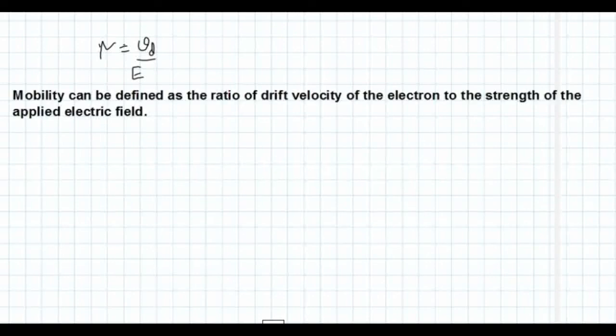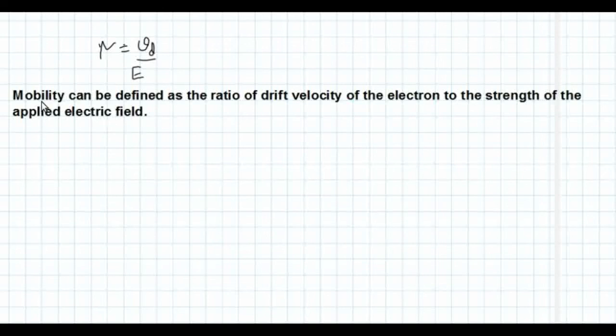That is the unit of the mobility mu. Now we have the equation mu is equal to Vd divided by E, that is the drift velocity divided by E, the strength of the electric field. Now from this we can define mu. What is mu? Mu is the mobility of the electron.